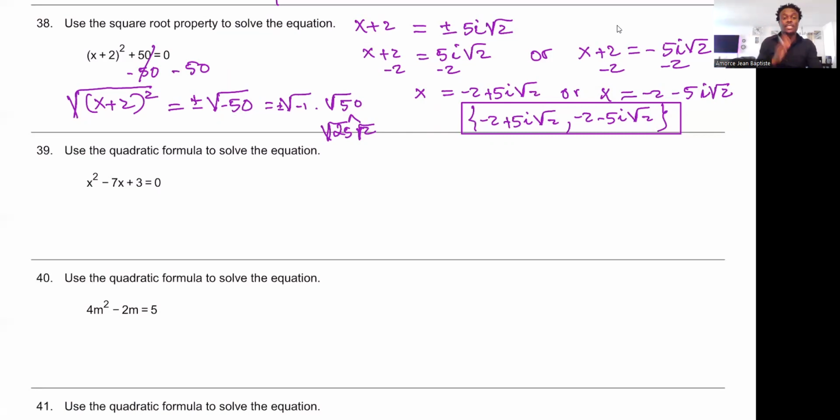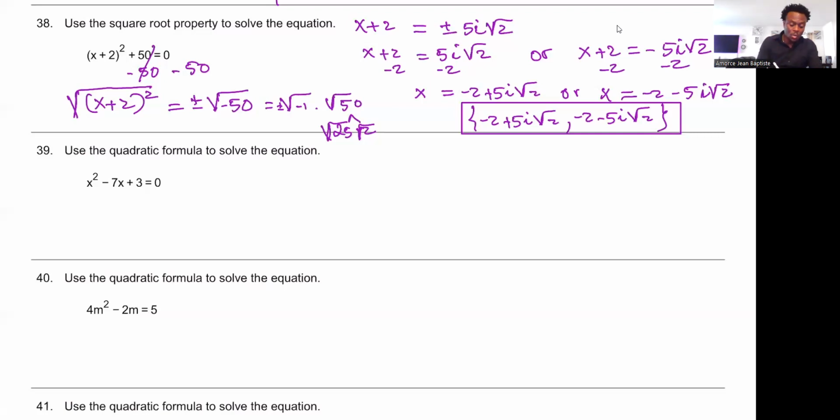If the constant is not already on the other side, you need to isolate the squared expression, and then take the square root of both sides. Remember to have a plus and minus on one side, because it's going to give you two solutions, one with the positive value and one with the negative value of the square root of the constant, and then solve for x.